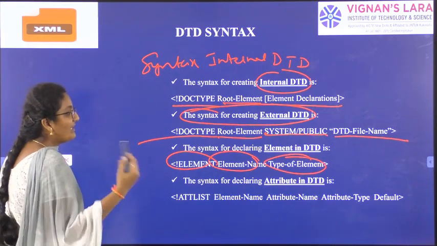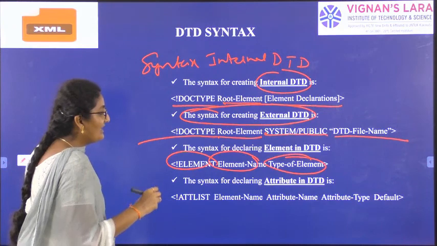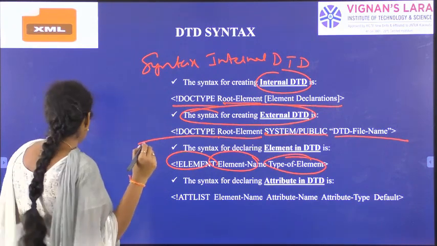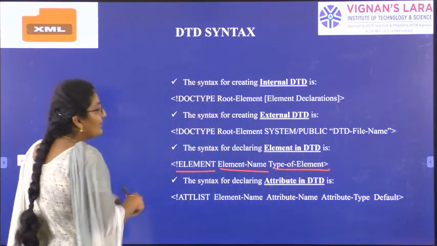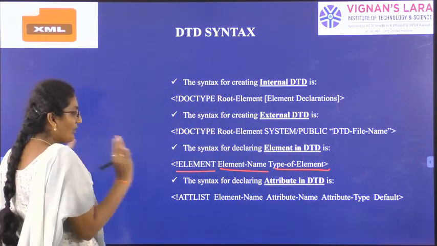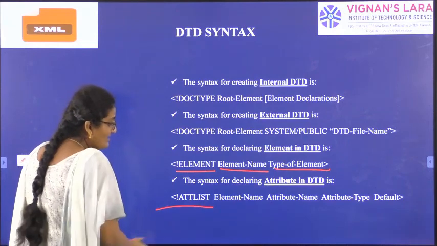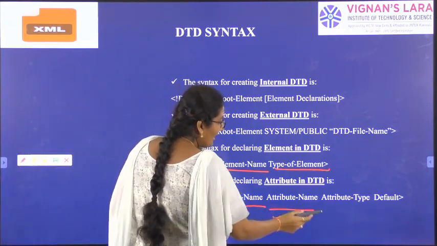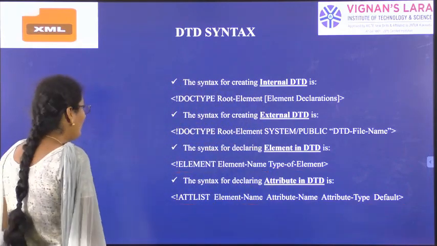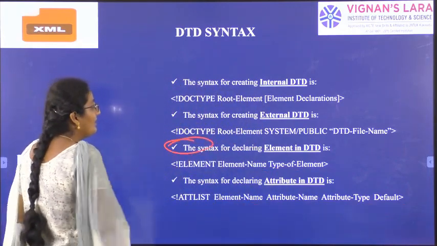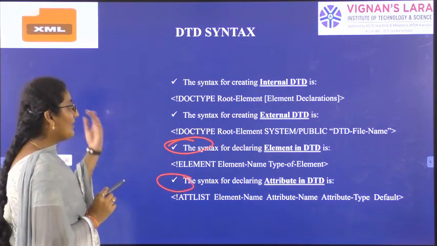The syntax for declaring an element is always the same. Syntax for declaring an attribute: attribute list, element name, attribute type, default. This is also the same.